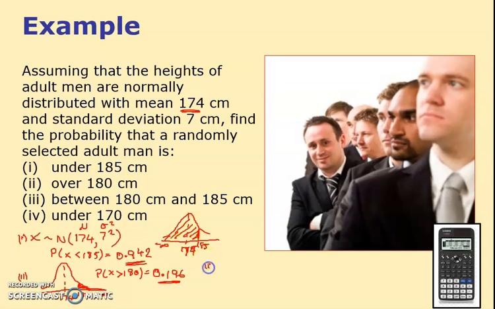Part 3. Squeezing all these on one page here. Between 180 and 185. Well, actually, in the old days, they were always much harder than the other questions because you had 2 things to work it with. But actually, with the new calculators, these are easier. There's 174. We want 180. We want 185.